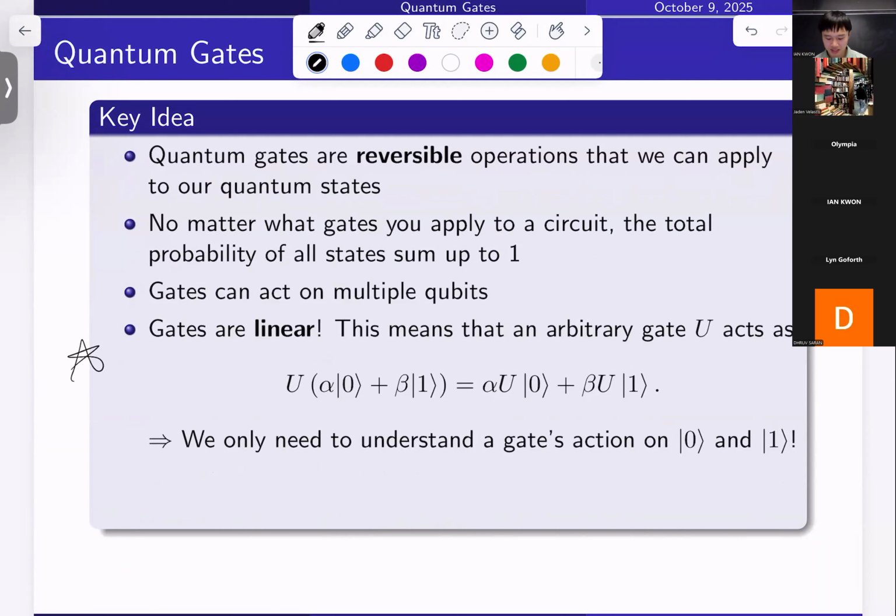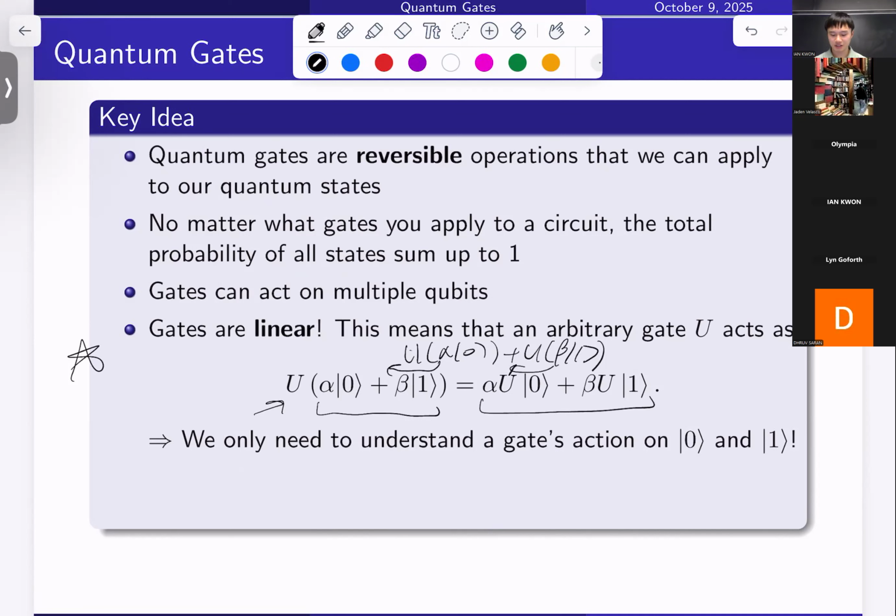And that means that, let's say we have this operation or this gate U acting on this general state. Well, since it's linear, it distributes. So we have one intermediate step that's not written: it's U of alpha 1 plus U of beta 1, right? Distributes out. And again, we can pull the constants out since they're just constants like 1 or 0. And so that's why we get this.